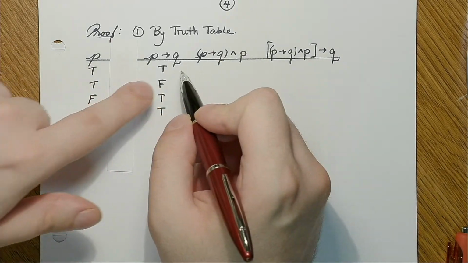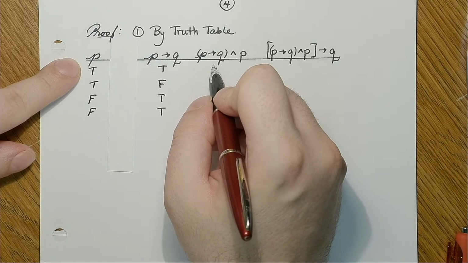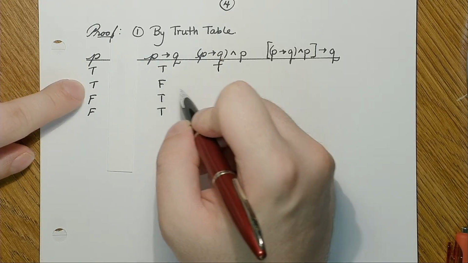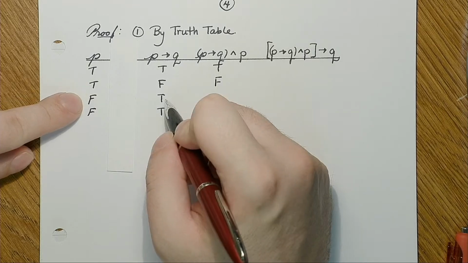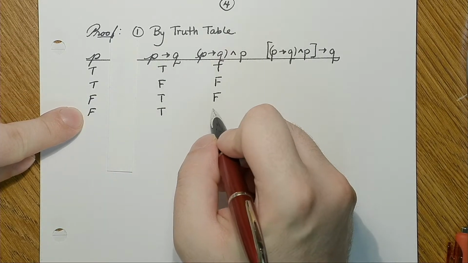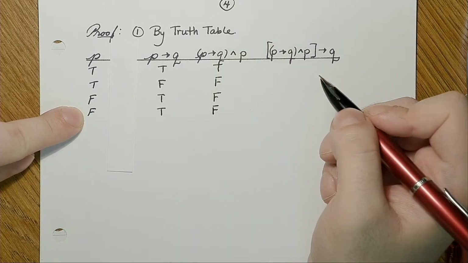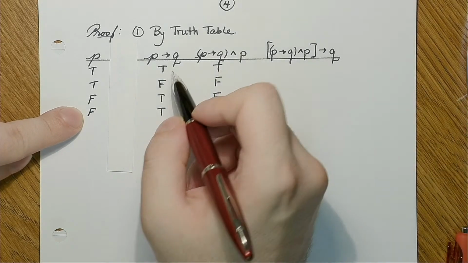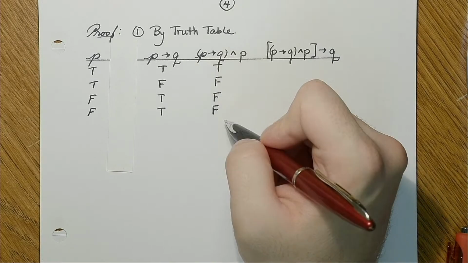So I can do the and. True and true, that's good. False and true, that's false. True and false, that's false. And true and false is false. Right? Did I do this column correctly?